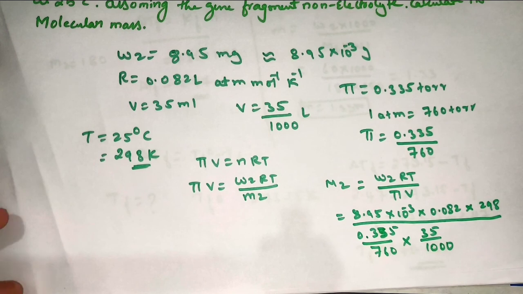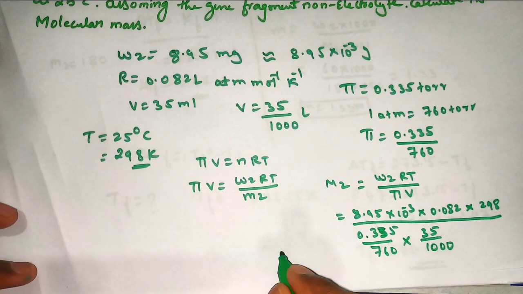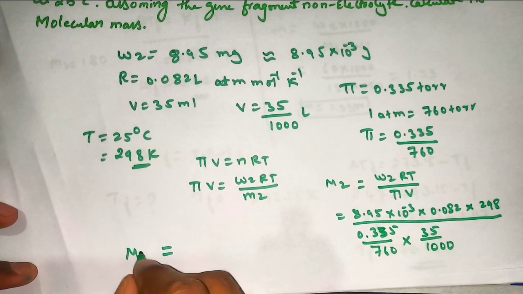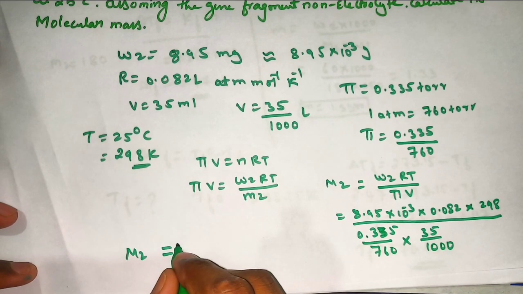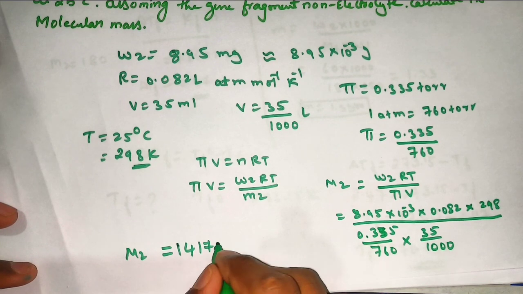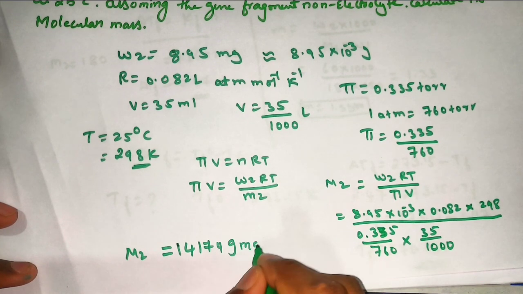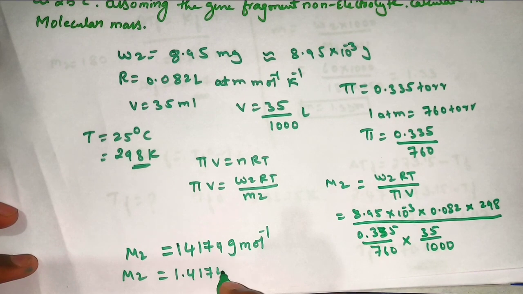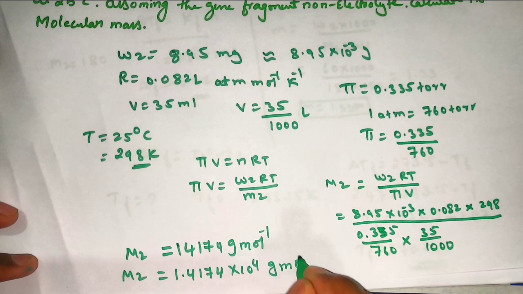If you multiply and divide, you will be getting the answer, that is M2 is equal to 14,174 gram per mole. This can be written as M2 is equal to 1.4174 into 10 to the power of 4 gram per mole.